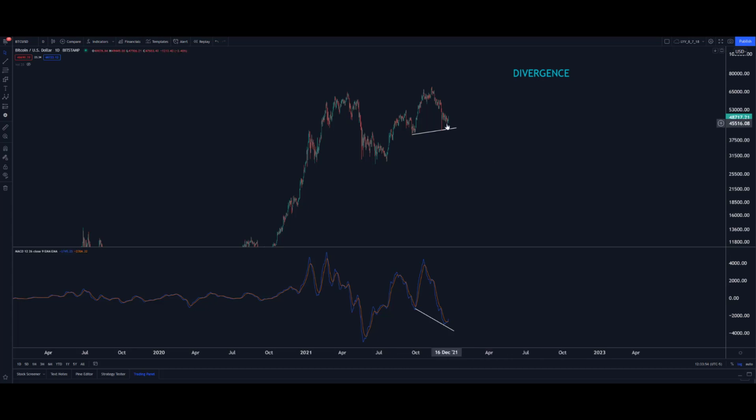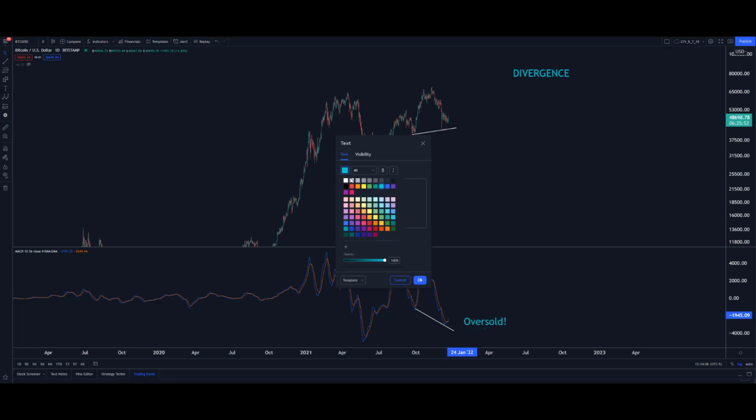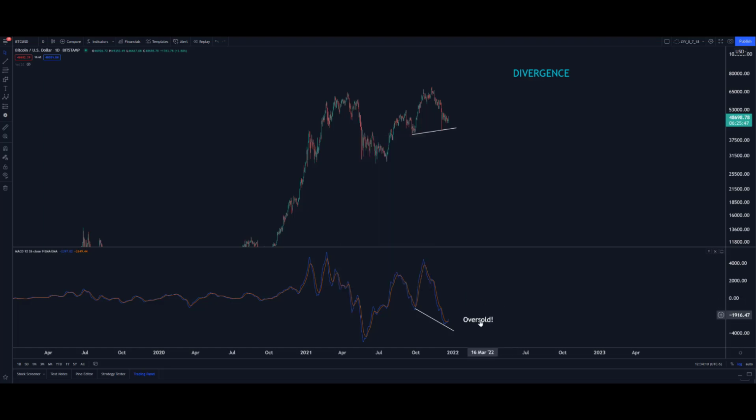And usually this kind of divergence would indicate a very oversold state. And that oversold state is saying that very soon, price is going to, and I think it already started yesterday, start rising.